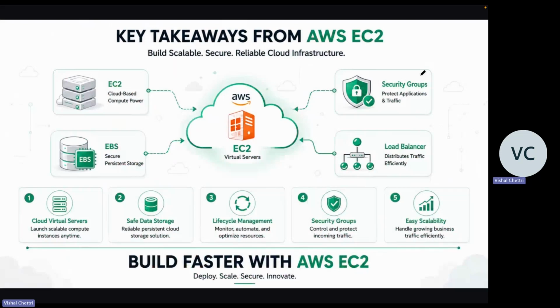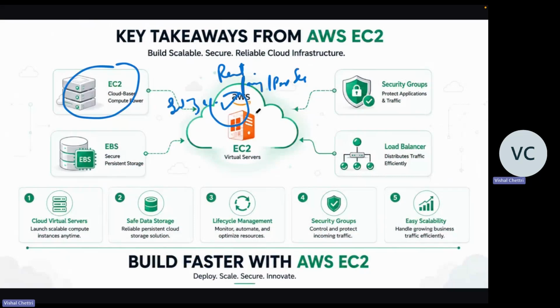Okay. Now, last thing, what you understood from this entire session: EC2 is your rentable virtual computer. You can choose your size, what size you want, right? You pay per second, right? You don't pay the entire thing in one go. You pay per second. You shut down whenever you think you are done with the task.